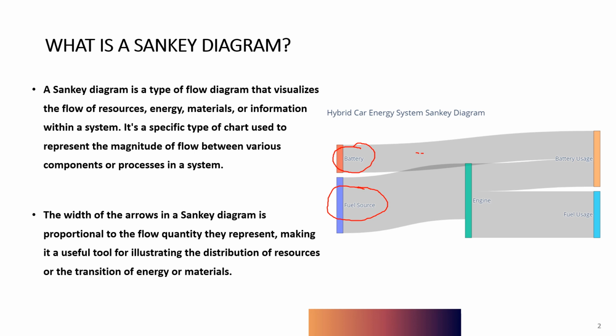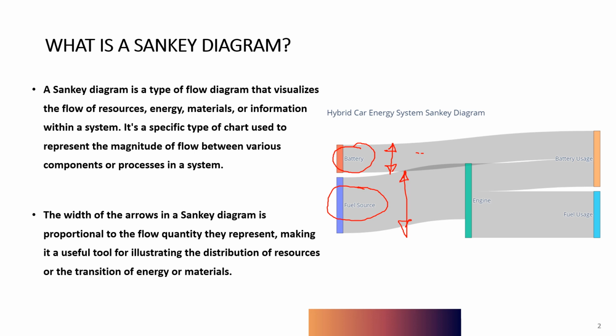For instance, if you consider the width of this arrow that represents the battery in comparison with the width of this one that represents the fuel, you can see that the fuel source is larger than that of the battery.